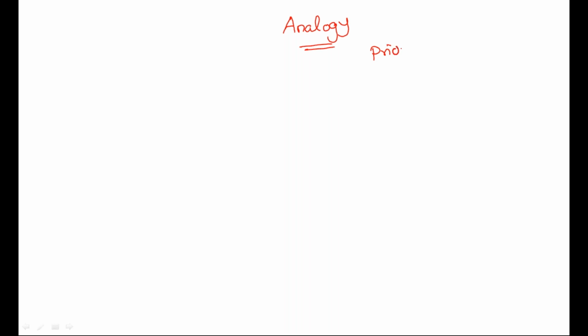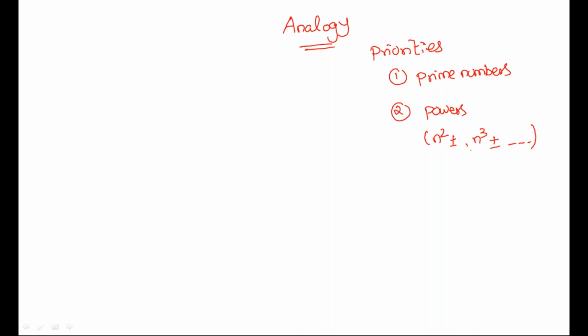I already discussed the priorities. In number series itself, we discussed the priorities. First priority is for prime numbers. Second priority is for powers, nothing but squares plus or minus something, cube plus or minus something.